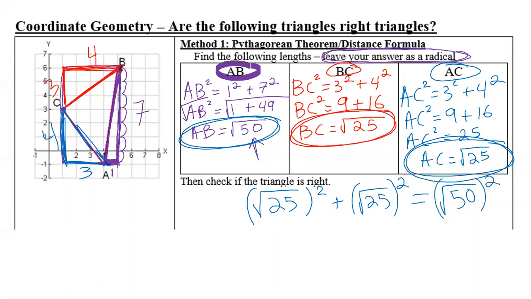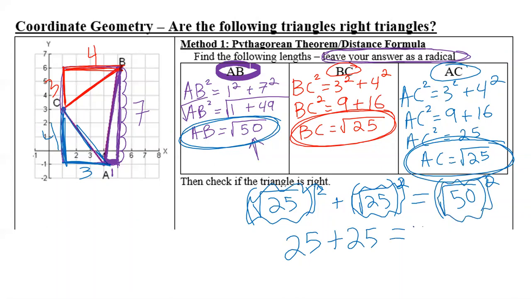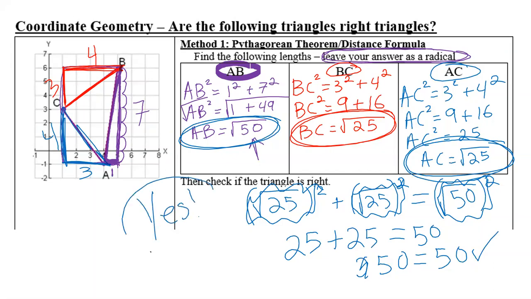Well, this is why I told you to leave them in the radicals, because now these will cancel and you get 25. These will cancel and you get 25. These cancel and you get 50. So 25 plus 25 equals 50. So our answer is yes, it's a right triangle.